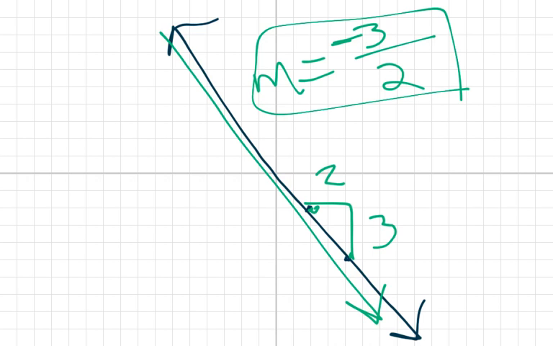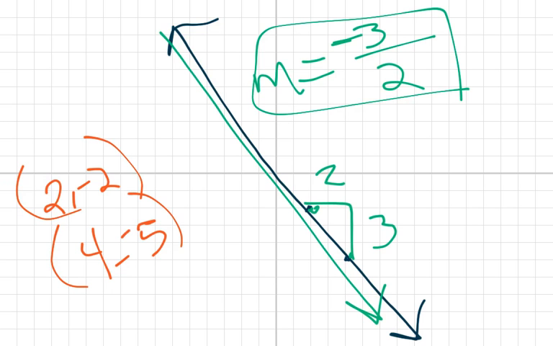You could also have gone to stat. If you use stat, you would have had (2, -2) as a point, and (4, -5) as a point. So if we went to Stat Edit, my X values, which go in L1, are 2 and 4. My L2 is -2 and -5.